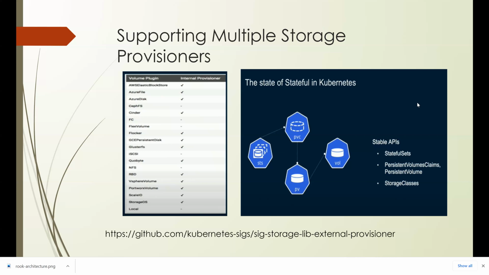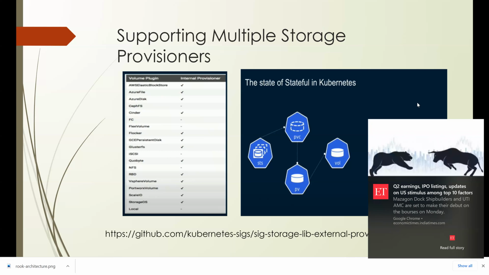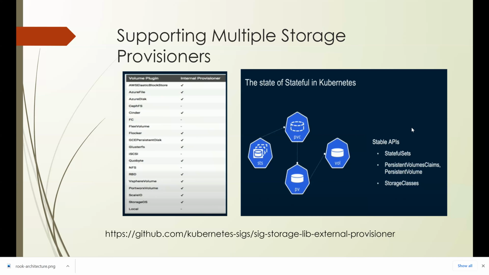But what happens to other things? If I have an image and that image requires a specific application configuration, I have configuration which is provided to it through a config map.